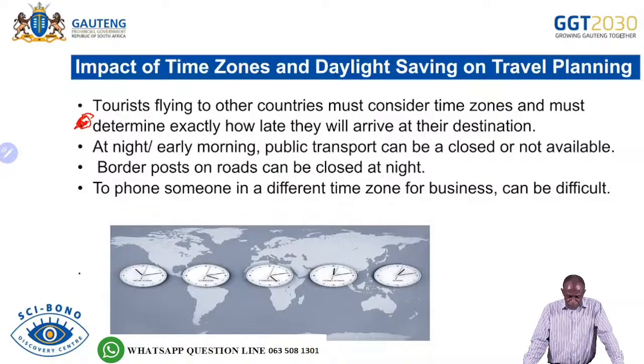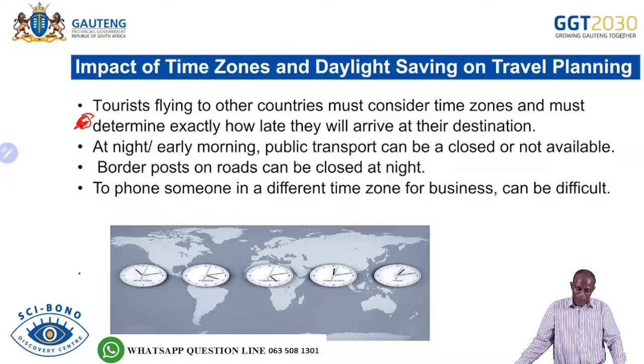Other than a flight booking, is there any other transport booking that you should make when you arrive at your destination? Say maybe a shuttle from the airport to your accommodation. That movement should form part of your planning, should form part of your itinerary.